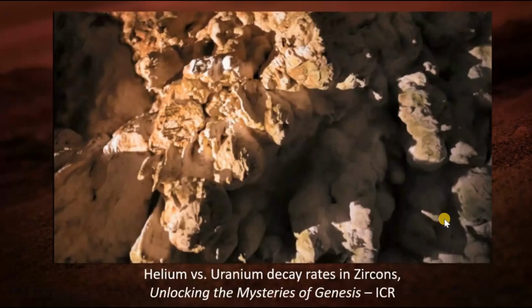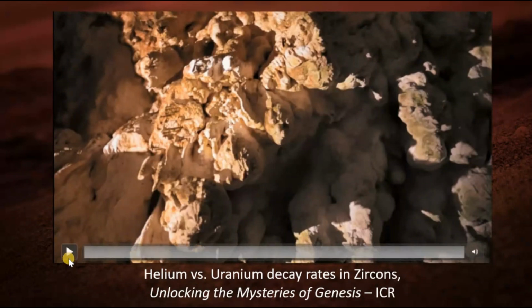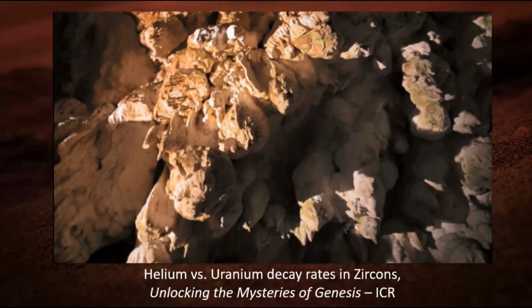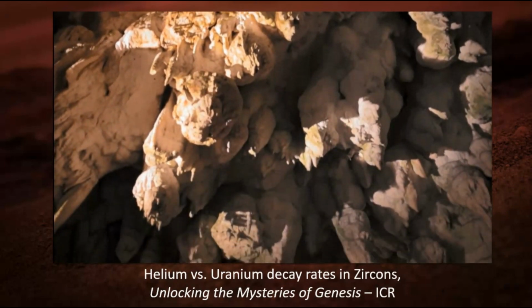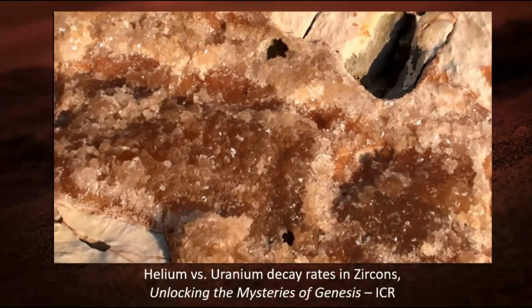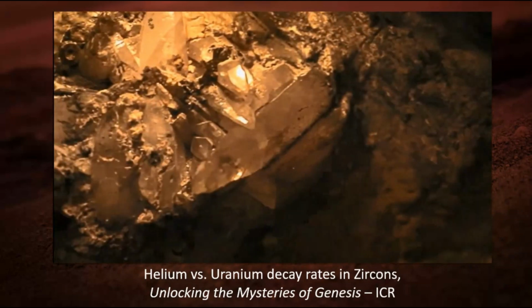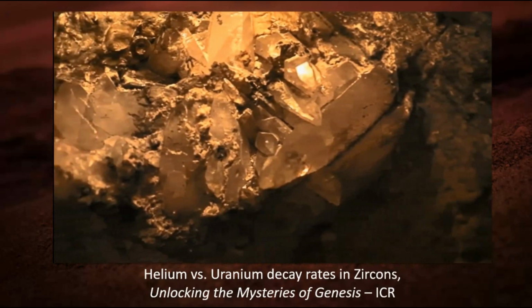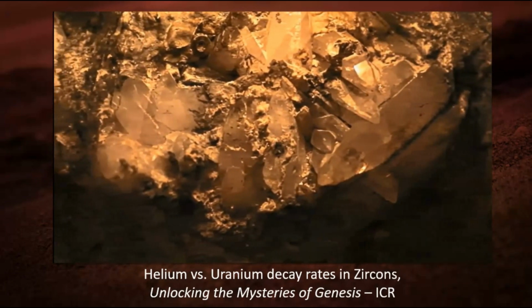I have a short video, helium versus uranium decay rates, where he talks about these two clocks. Another indication that there's something wrong with the method involves these little crystals called zircons that we find in granite. And within the zircons, you have uranium-238, which is radioactive.